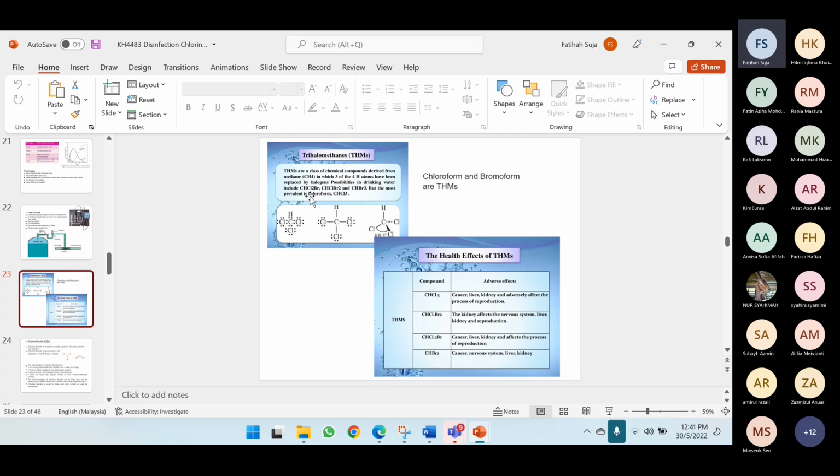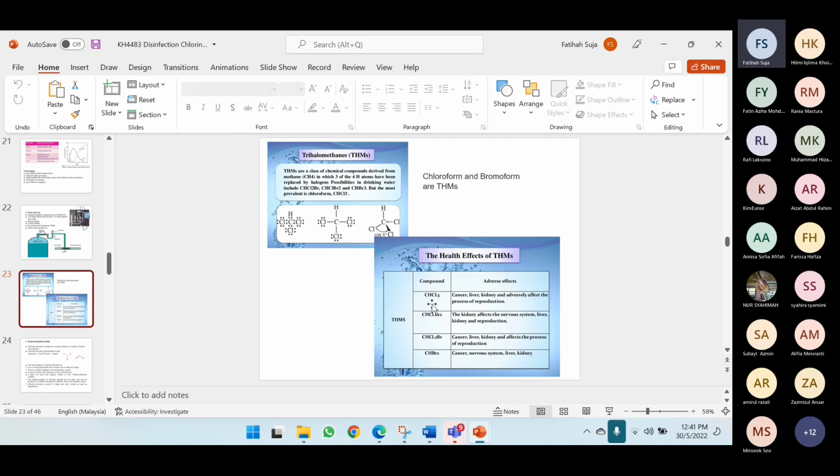Possibilities in drinking water include chloroform and bromoform, and also you can have chloroform, meaning that all the H in the structure has been replaced with halogen of chlorine elements. So what are the health effects of trihalomethane?